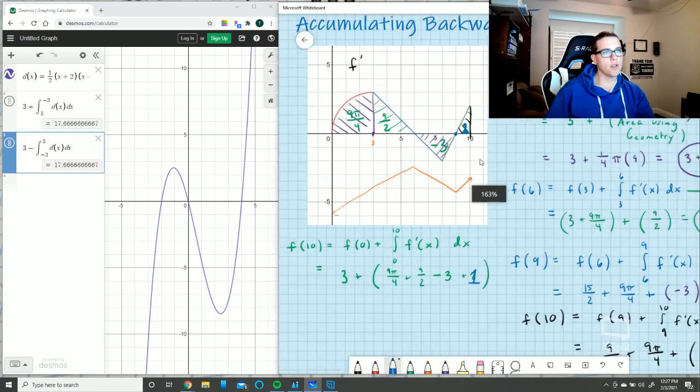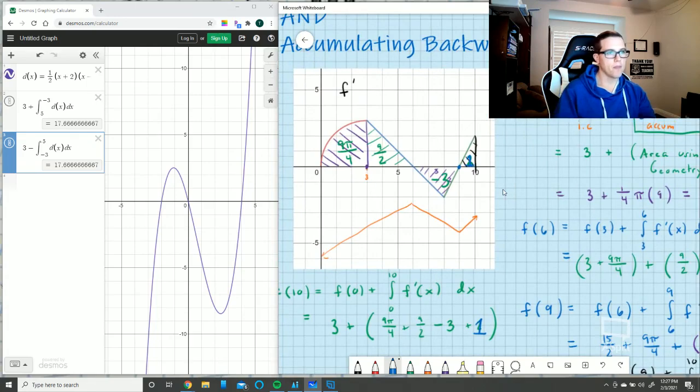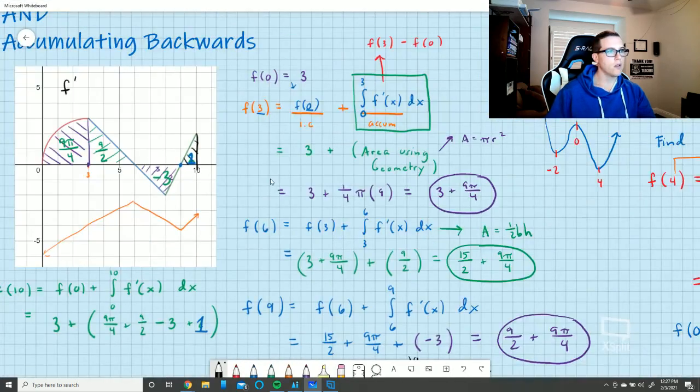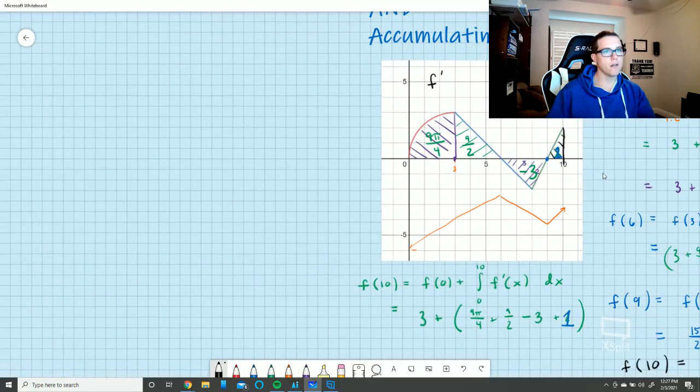If you were to try to do this with a graph, let's say I gave you f of 10 was 5. And I would like you to find f of 6.